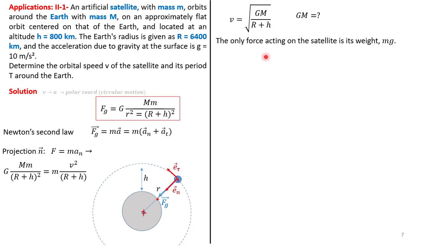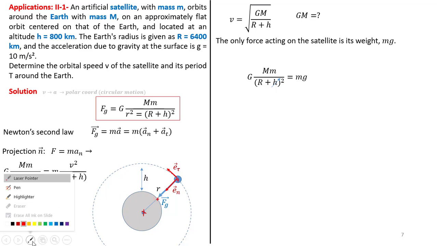Since we know that the only force acting on the satellite is its weight, then we can write that the gravitational force is equal to weight only at the surface of the Earth. So at the surface of the Earth, the gravitational force is equal to the weight of the satellite, and therefore G capital M small m over (r plus h) squared is equal to mg.